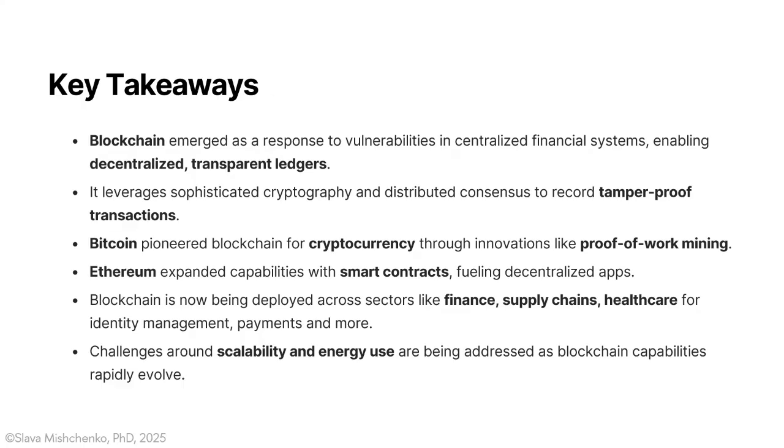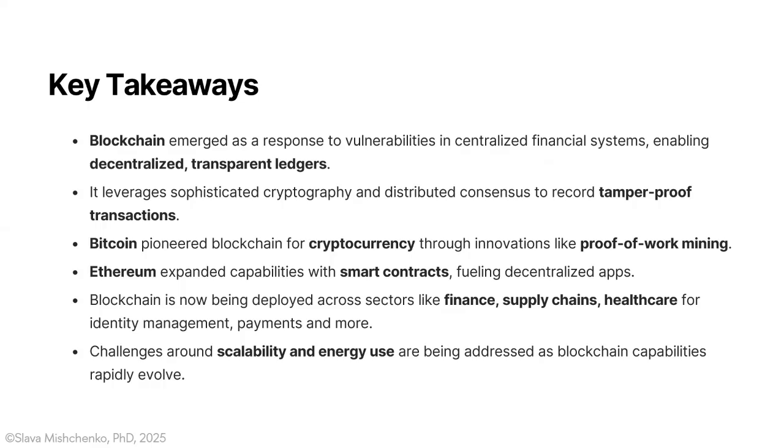First, we discussed how blockchain emerged as a response to the vulnerabilities we saw in centralized financial systems. What makes this particularly significant is its ability to create decentralized and transparent ledgers that don't require trust in a central authority.